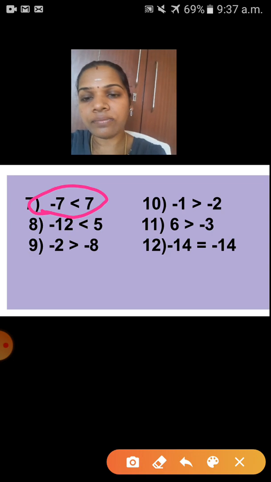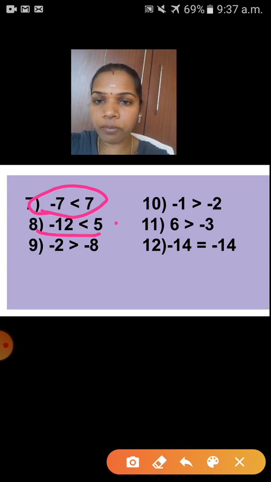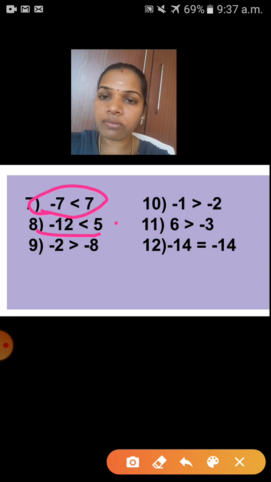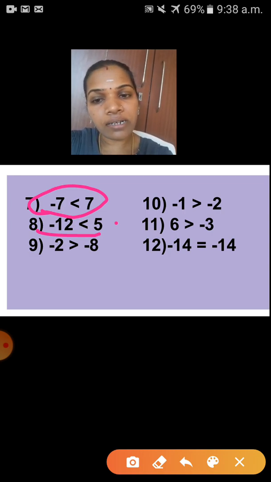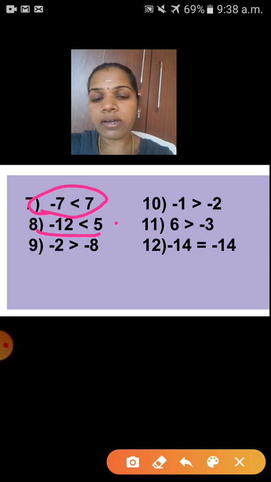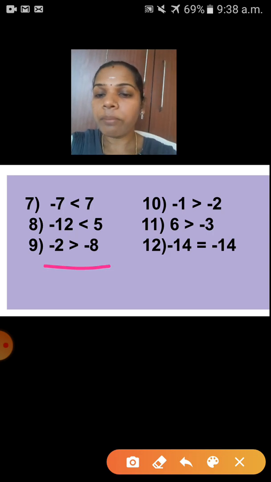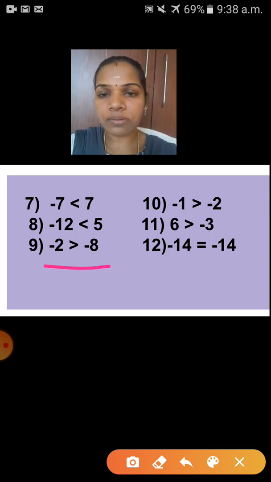Next one is -12 and 5. One is positive, another one is negative. So as usual the positive number is greater than the negative integer. So minus 12 is less than 5. And the next one, ninth one, is minus 2 and minus 8.